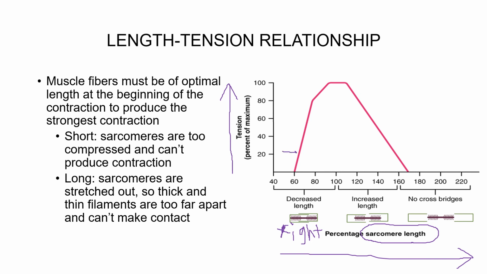At this point, we're only meeting 20% tension. As we stretch the muscle, it goes up in tension. And as we continue to stretch, it goes up in tension and up in tension. So then we get to this nice sweet spot where we can maximize 100% of the contraction with a certain amount of stretching.